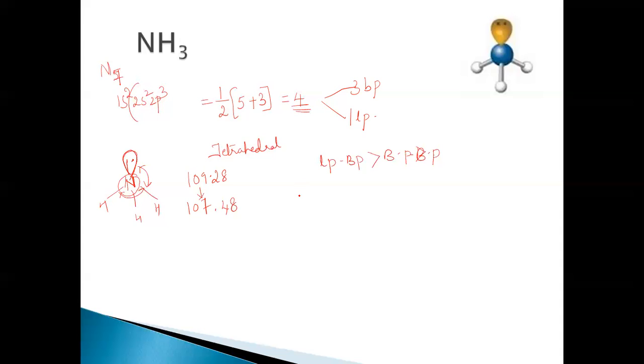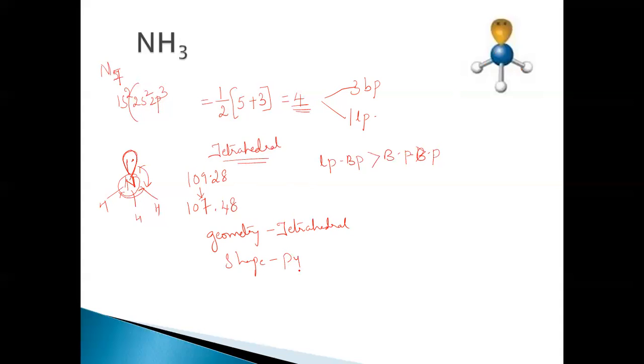So now this is the geometry here. What is the geometry of the molecule? It is tetrahedral. But when we look at the shape of this, see here, this yellow one is the lone pair of electrons, and it looks like a pyramid.